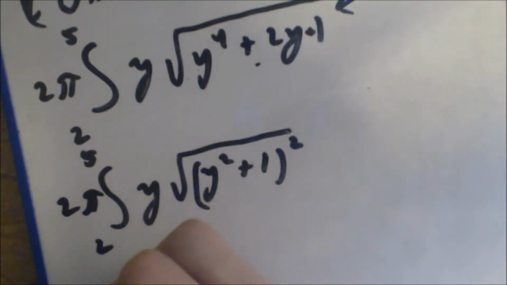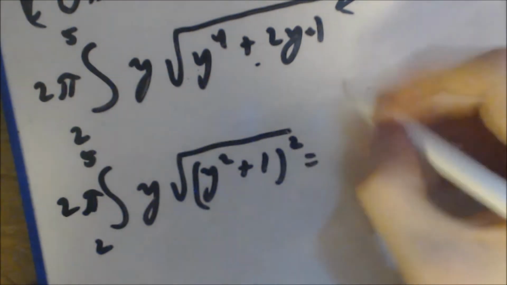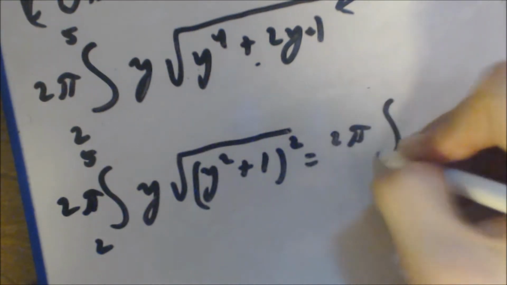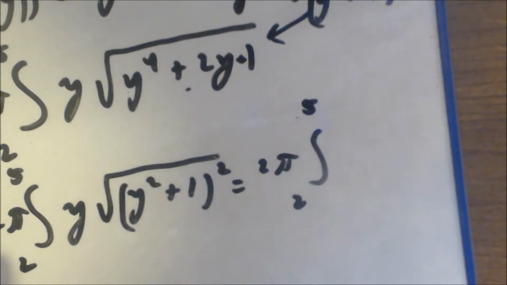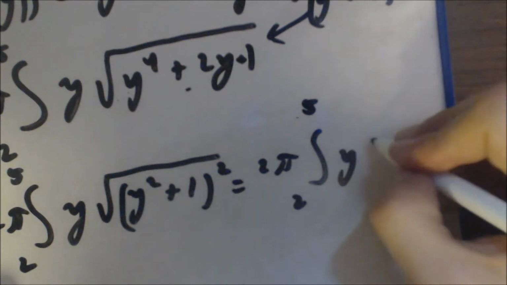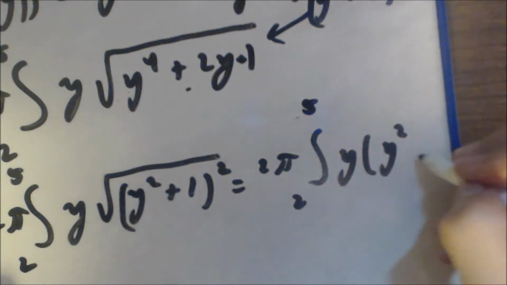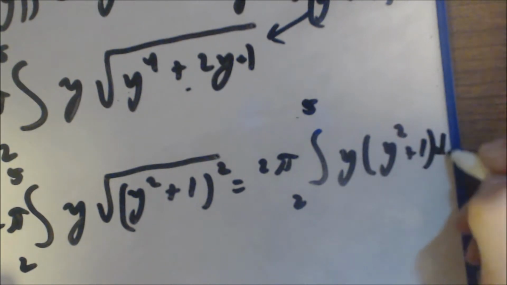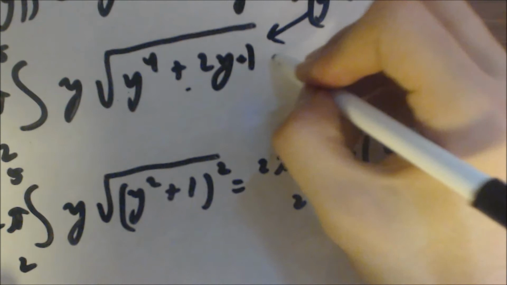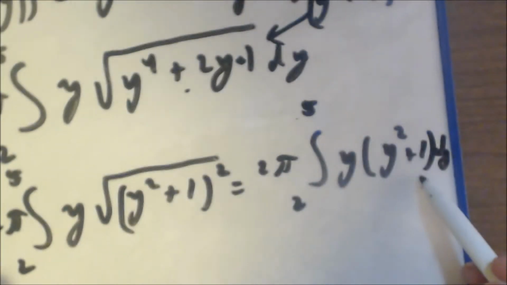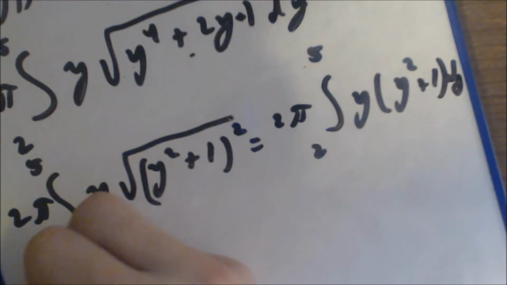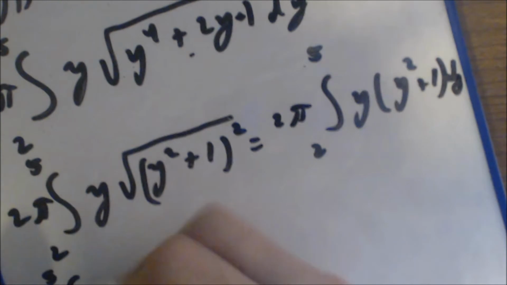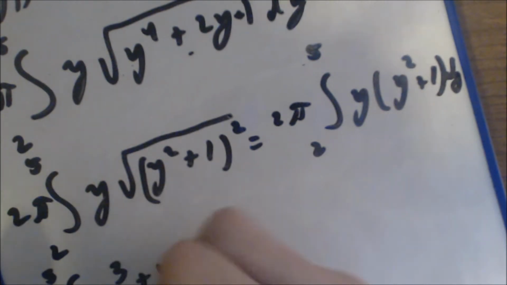So we're left with 2 pi from 2 to 5 of y times y squared plus 1 dy. Yeah, I should have put dy on this too. So now we're just going to distribute the y. So we're left with the integral from 2 to 5 of 2 pi times y to the third plus y.